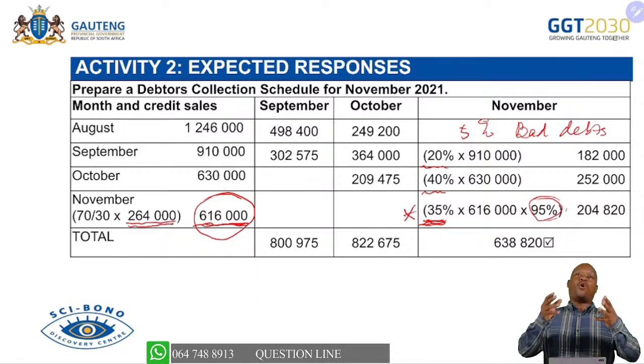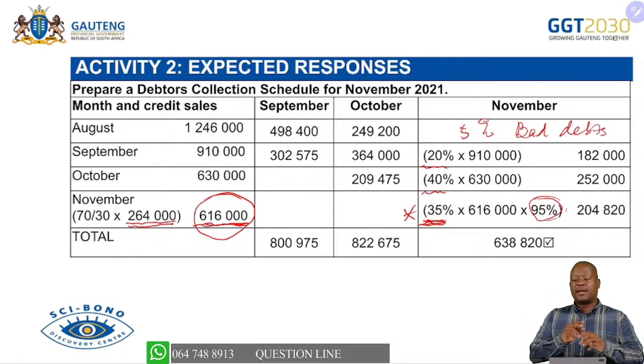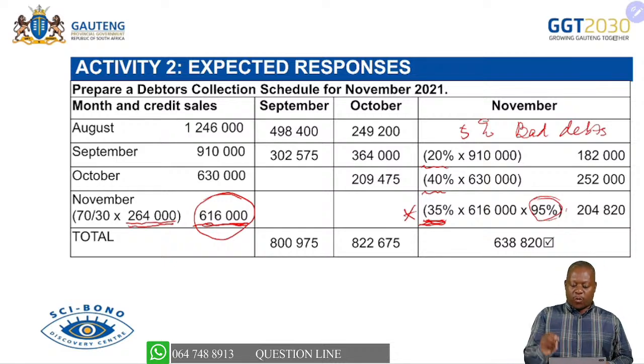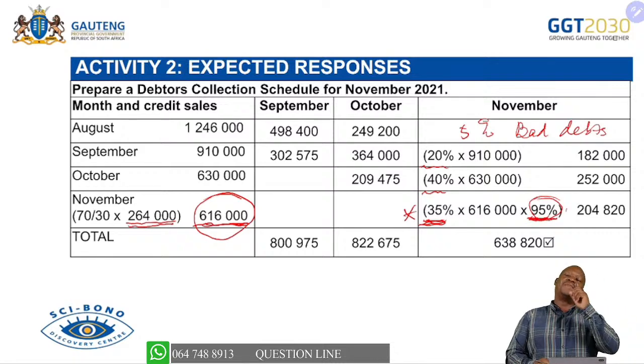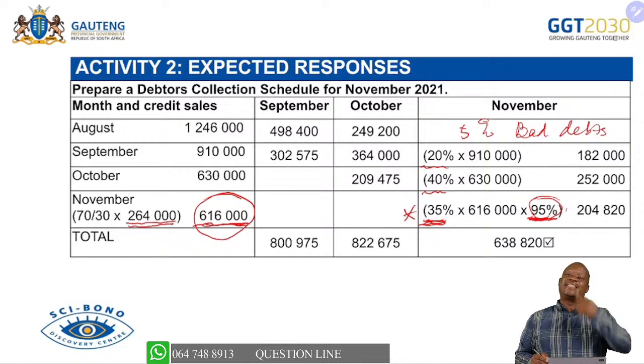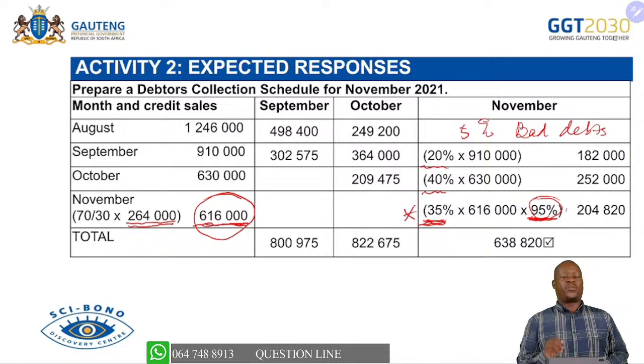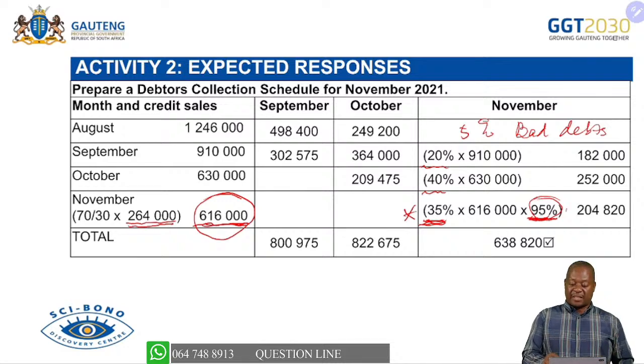So it means they are only going to pay us the 95% of the amount they are owing. So that's the reason why we multiply by 95% here, which means if the discount rate changes, the factor that we use here also changes. Let's assume they say they're going to get 7% discount. It means 100 minus 7, we get 93%. So we use 93% here.